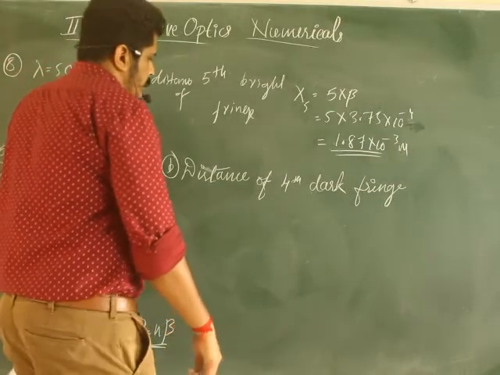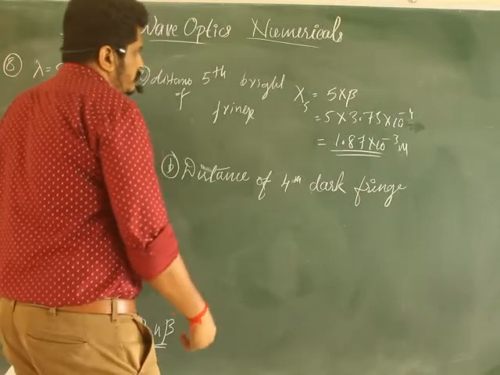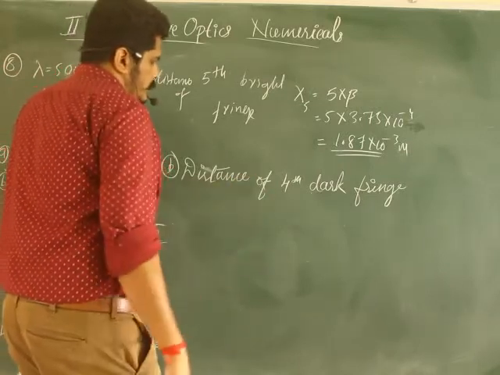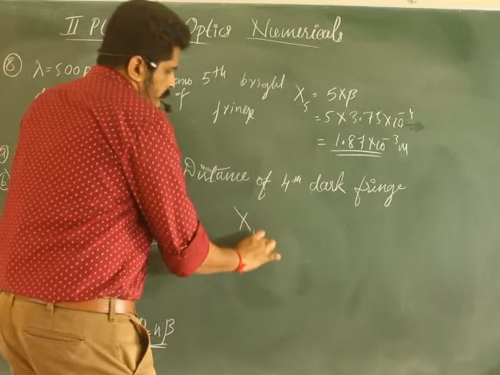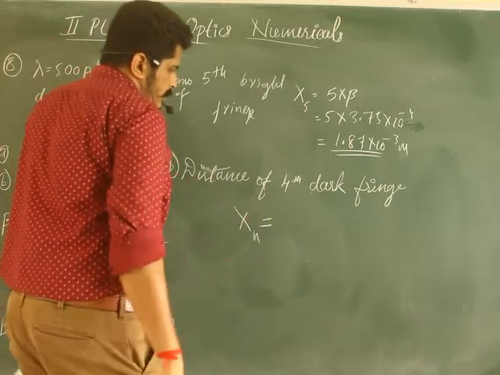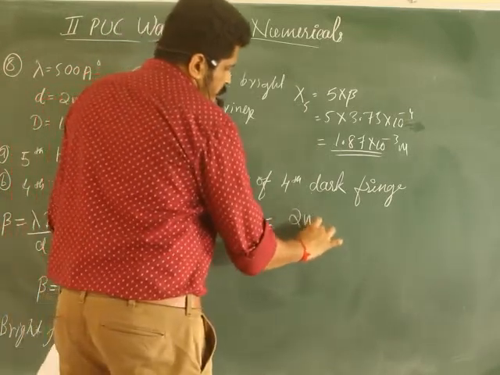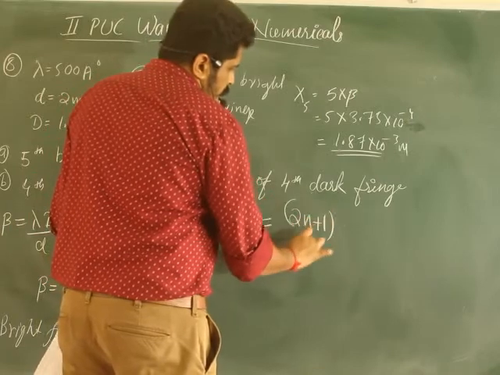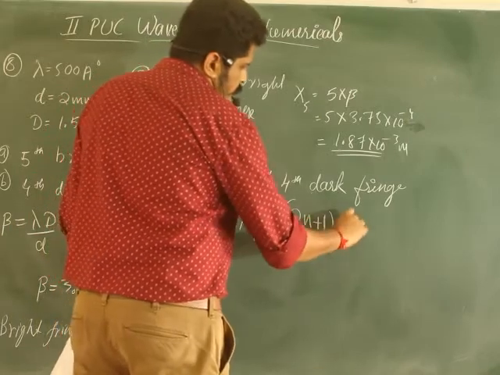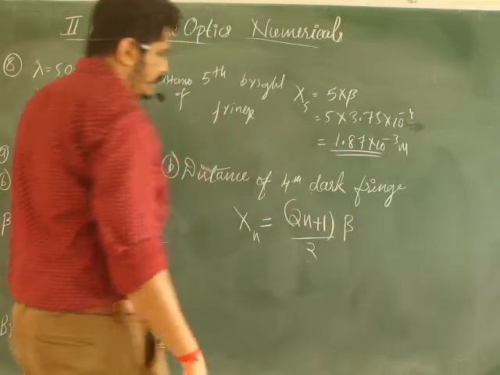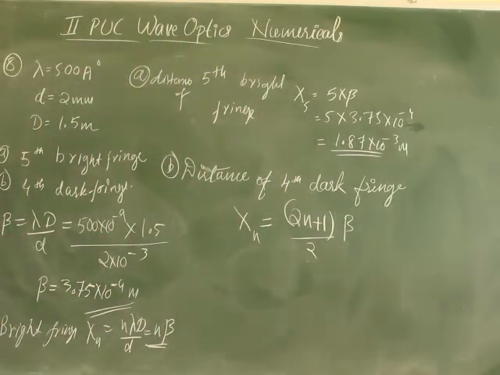So the equation is, for the fourth dark fringe, xn is equal to 2n plus 1 by 2 beta, correct? Formula. Hope you remember this.